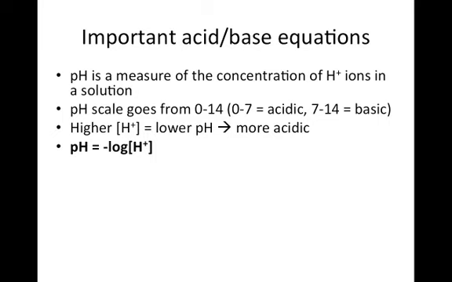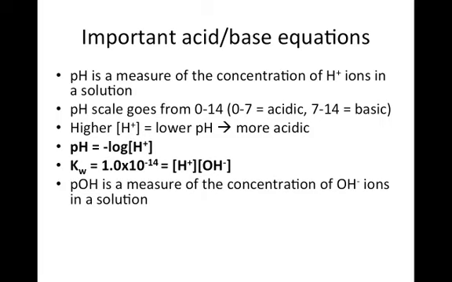As was stated in the previous slide, pH equals negative log of the concentration of H+. Kw, the equilibrium constant for water, is 1.0 times 10 to the minus 14th. It can be used for any aqueous solution in order to find the concentration of H+ and OH-.